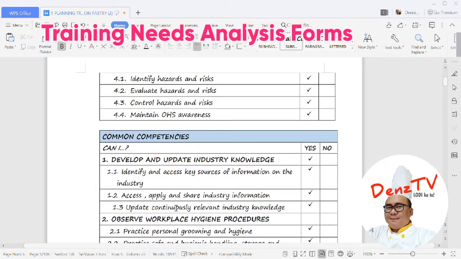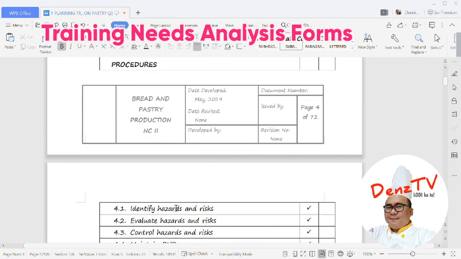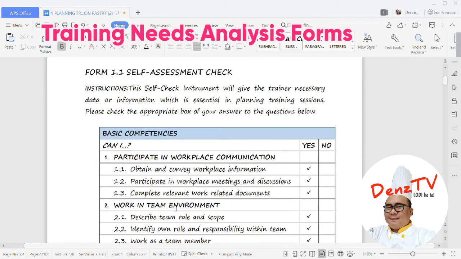These are all from the training regulations of TESDA. Whatever qualification you have, download it from www.tesda.gov.ph. Once downloaded, you can make your form, which is the self-assessment checklist.